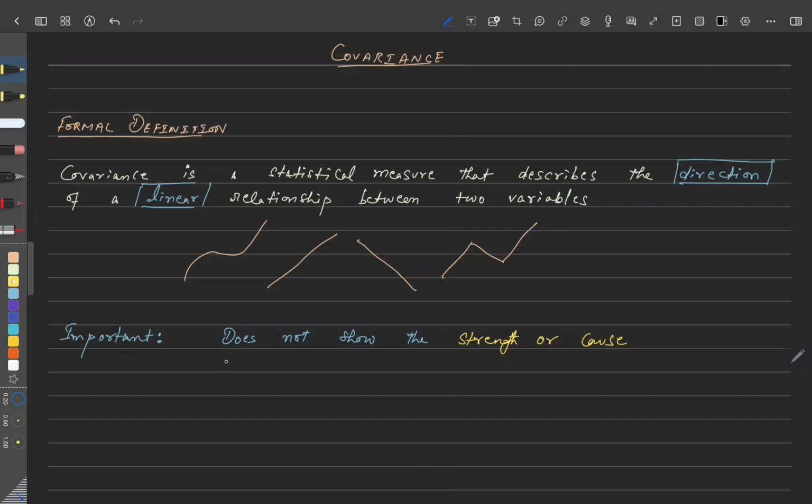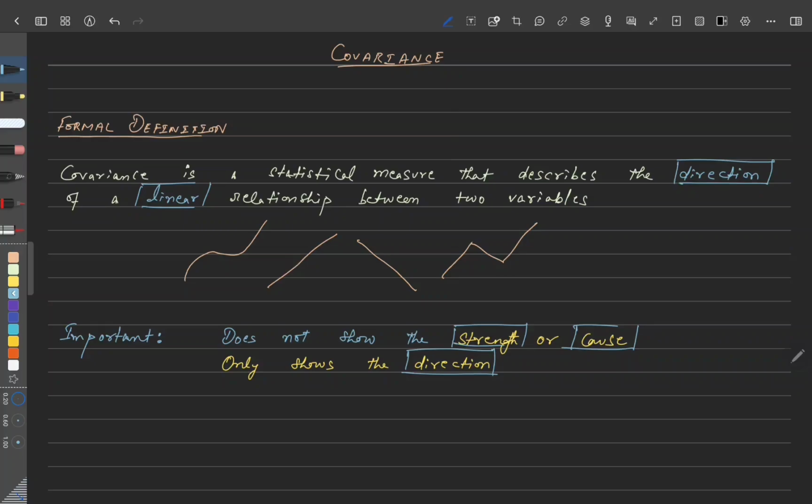It only shows the direction. Okay, does not show the strength or cause, only shows the direction.